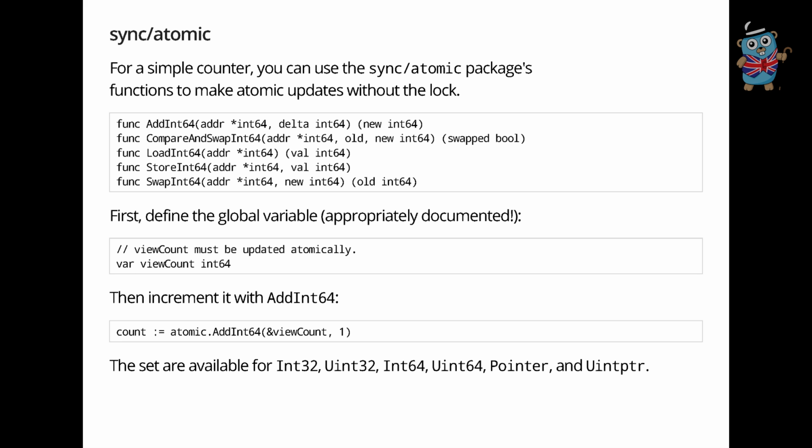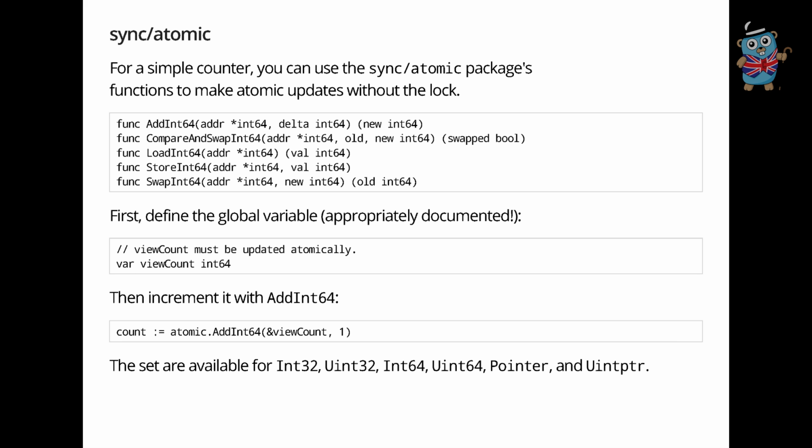Earlier we saw the simple view counter where we were using a mutex to protect an int and incrementing that int while holding the mutex. Another way of doing that is with the atomic package, where you can atomically read and write and update values using your processor architecture's native primitives for doing these kinds of atomic operations.